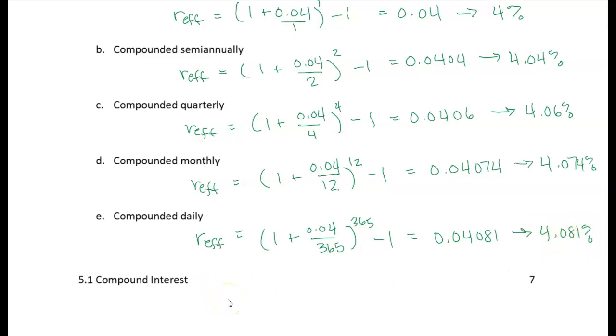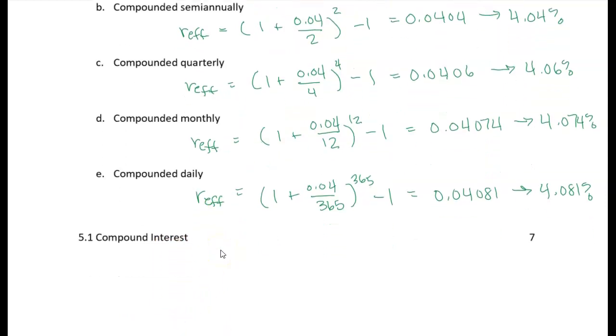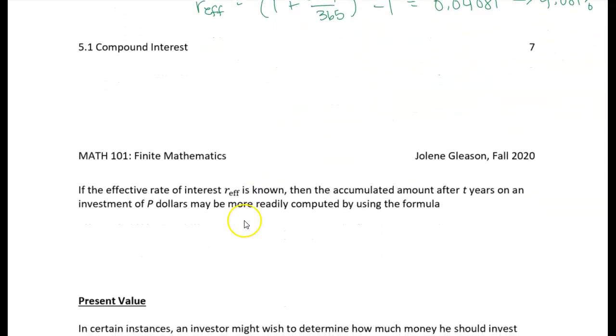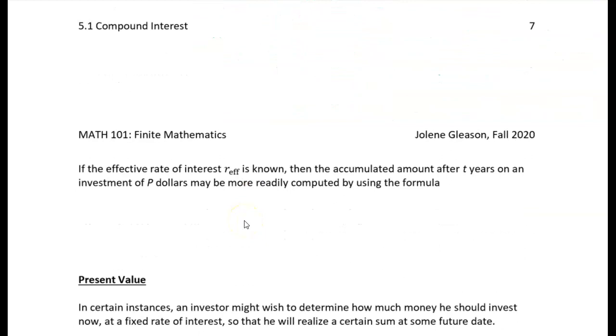All right. So if the effective interest rate is known, then the accumulated amount after t years can be more readily computed by using this formula, right? We can just essentially find the amount.